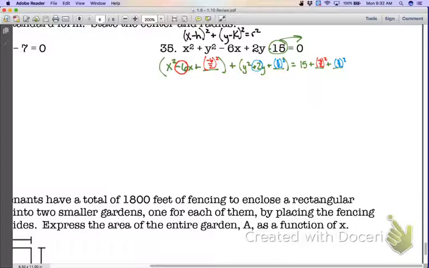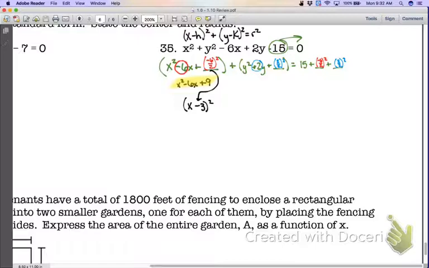You can write this x squared minus 6x plus 9 if you want, but I'm just going to automatically turn it into x, and then negative 6 divided by 2 is negative 3, so I skip that middle step, the step that's right here, just so I can go ahead and put it in as a circle.